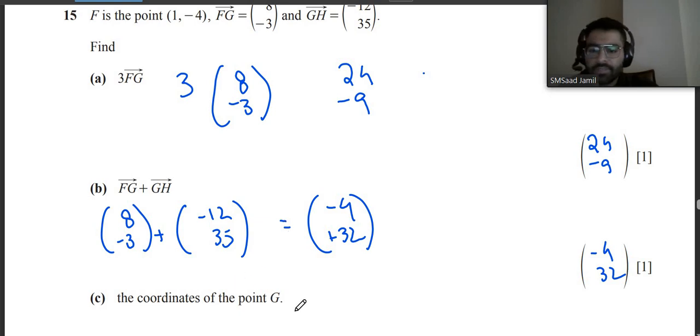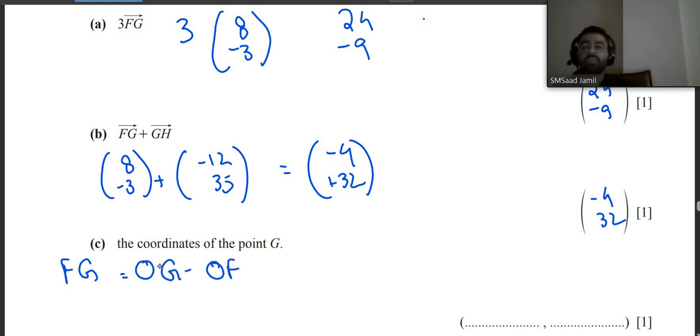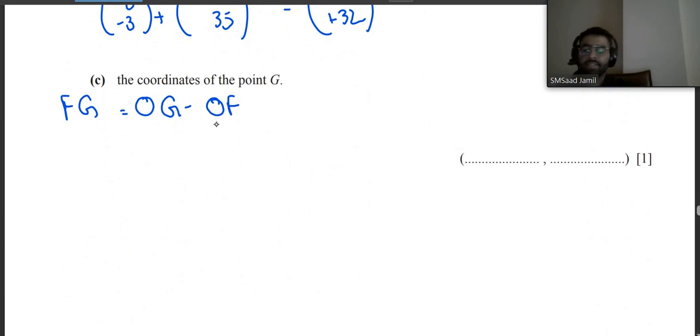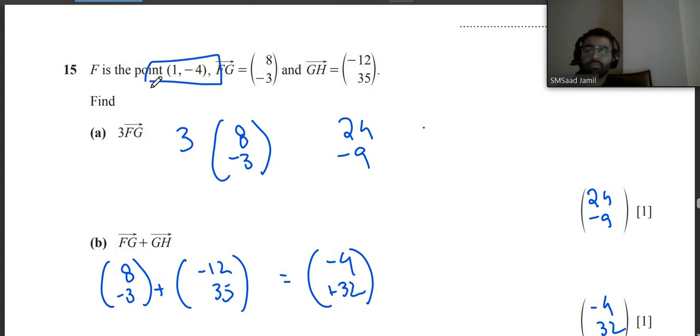So basically, whenever you have to solve a question like this, first of all, look, they have already given us FG. FG basically means OG minus OF. We already have FG, it's 8, negative 3, is equal to, we need to find OG minus OF. OF is basically, the point of F is also given, 1 and minus 4.